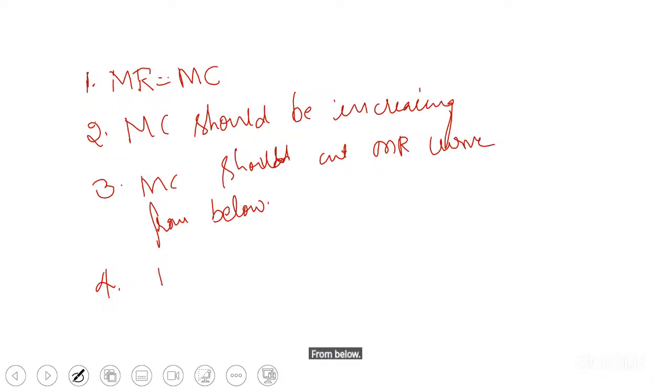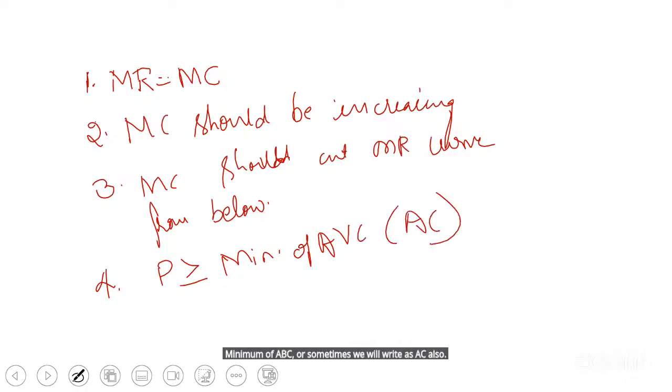Fourth one, price should be greater than or equal to minimum of AVC, or sometimes we will write it as AC also. We will not draw too many curves, to avoid that we will draw only the AC curve. So minimum of AVC. These are the four conditions. Please take this down first.